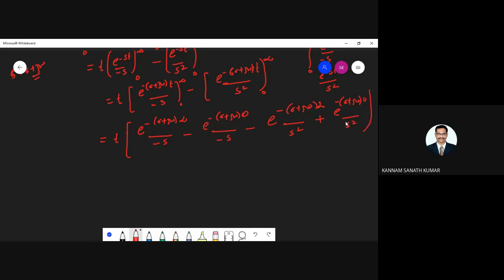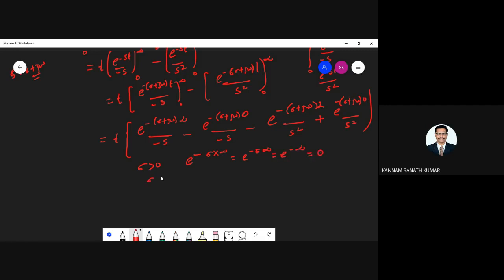Now you have to see, when sigma is greater than 0, then e power minus sigma into infinity is e power minus infinity. So this is how much? 0.